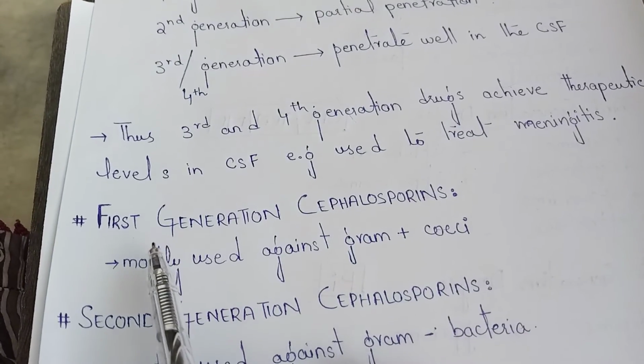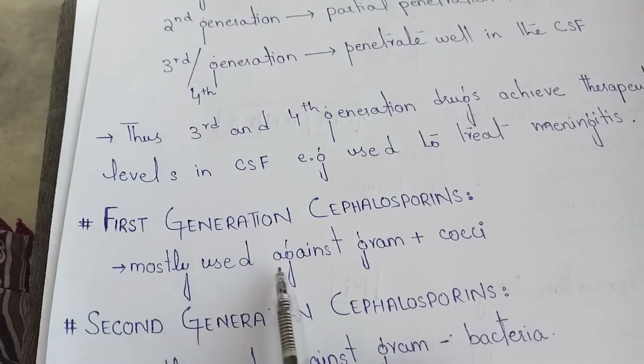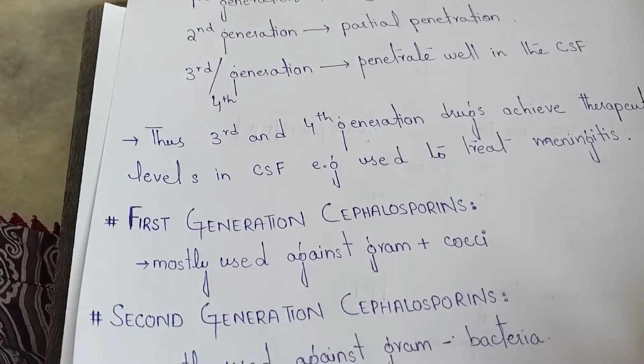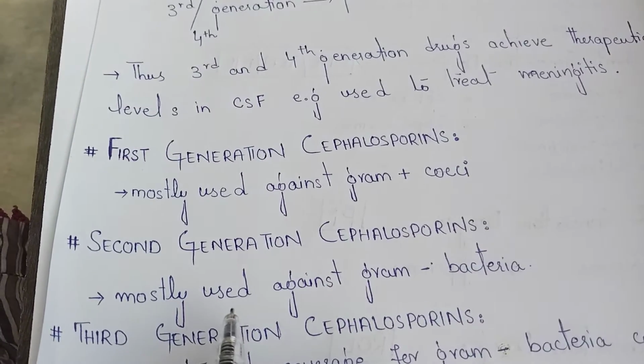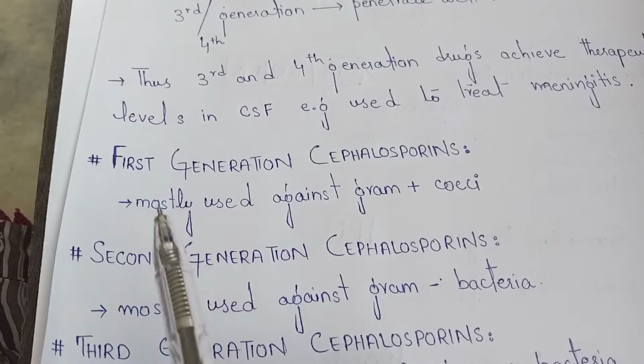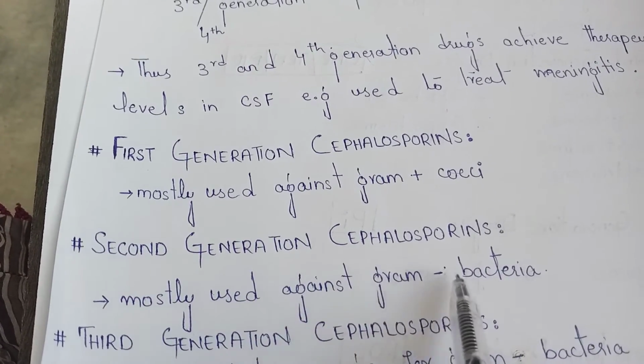Okay, if we talk about the first generation cephalosporin, they are mostly used against gram-positive cocci. This is the antibacterial spectrum. Now how are you going to remember that first generation is mostly used against gram-positive or second? For that, the second is used against gram-negative bacteria.